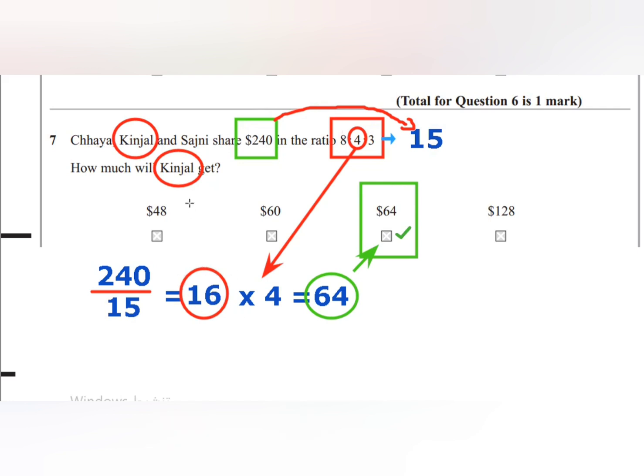Then, depending on the question, I multiply the 16 by the ratio of the person they need. If they need the money for all people, I multiply for all of them: by 8, then by 4, then by 3. But they want Kinjal only, so I multiply it by 4, and I get $64, which is the money that Kinjal gets. And this is how you answer a question like this.